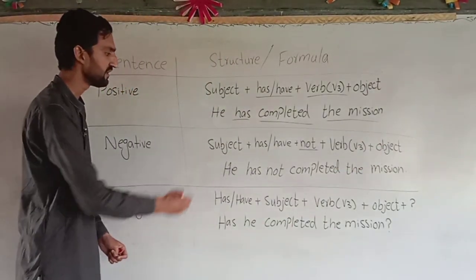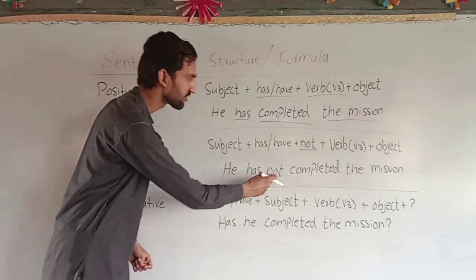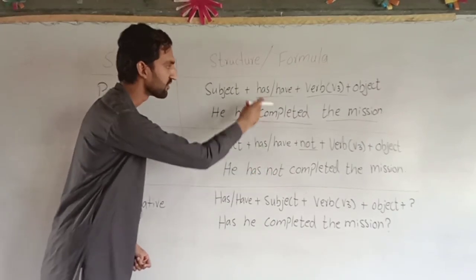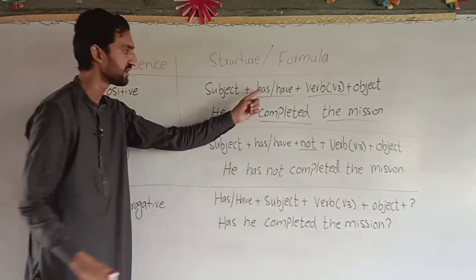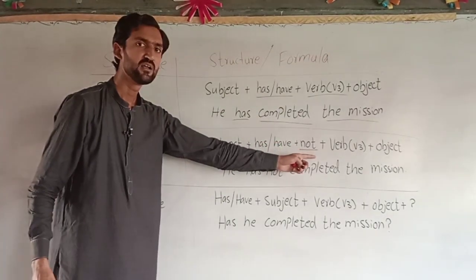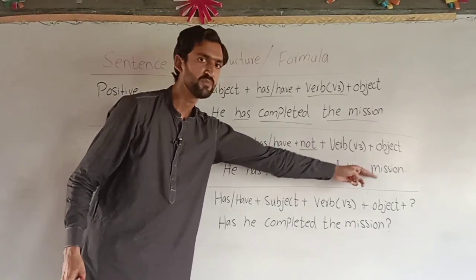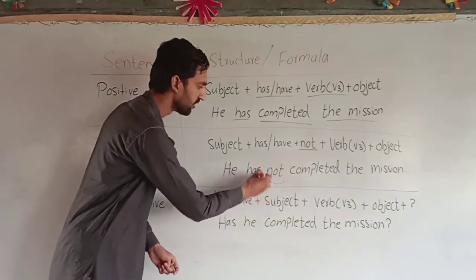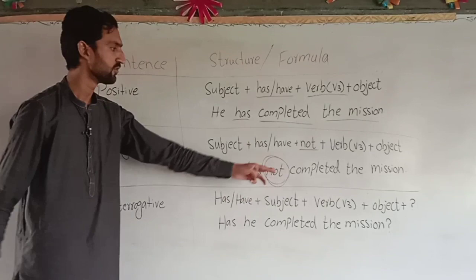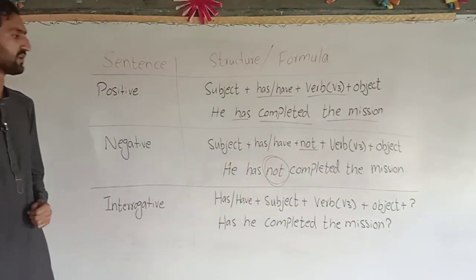So let's have an example. He has not completed the mission. There is a difference between these two types of sentences made by not. Not makes it a negative type of sentence.